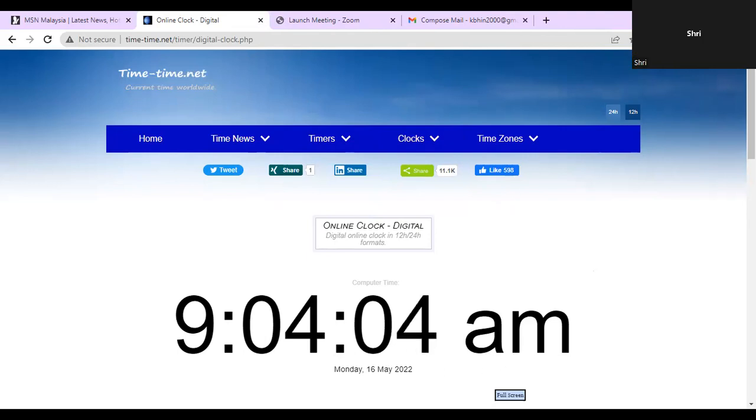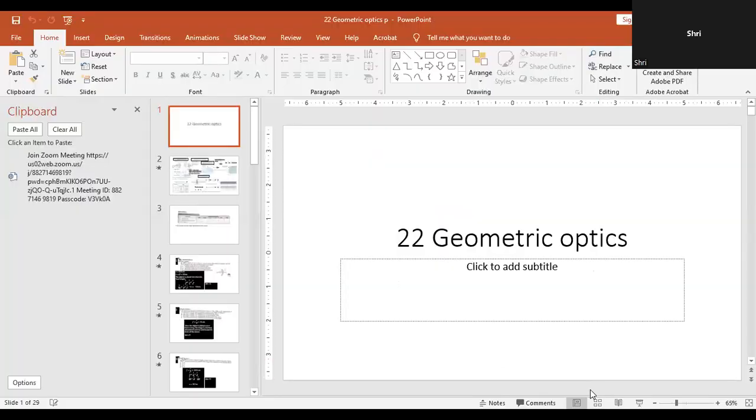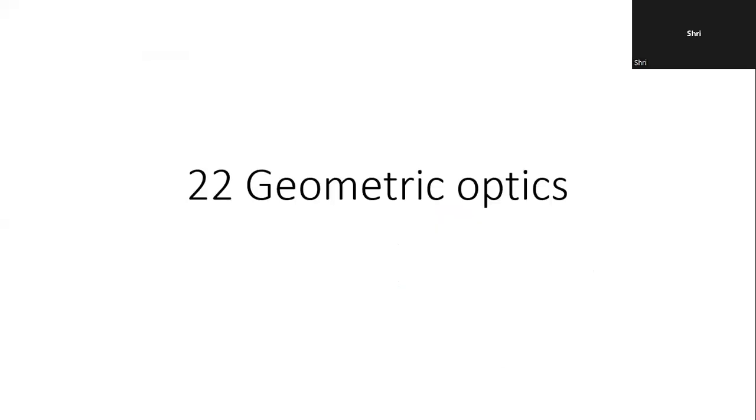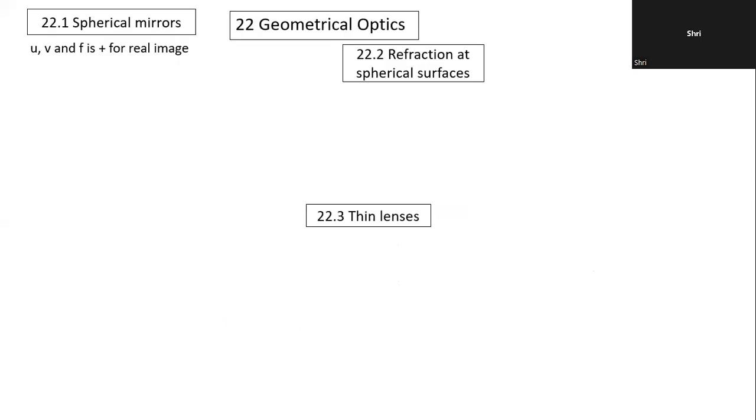Topic 22. Okay, geometric optics. What are the things that you need to remember? Right, we are using U, V, and F positive if the image is real.